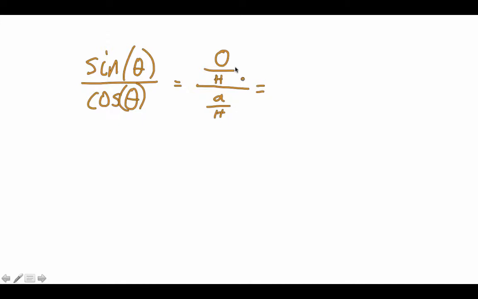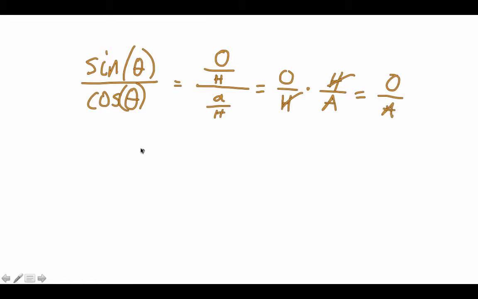Fractions divided by fractions scare kids in high school, but if you know that dividing is really multiplying by the reciprocal, you can say this times the reciprocal of that big denominator. The hypotenuses cancel and you get opposite over adjacent.